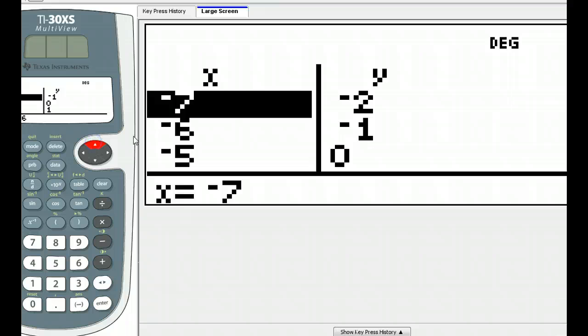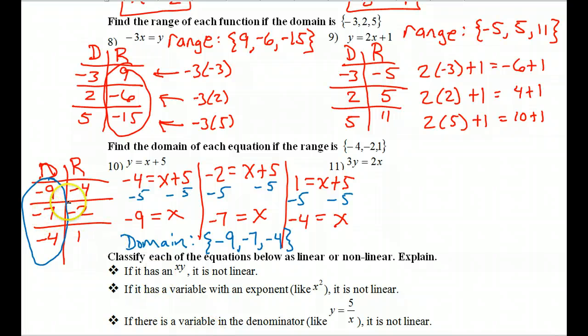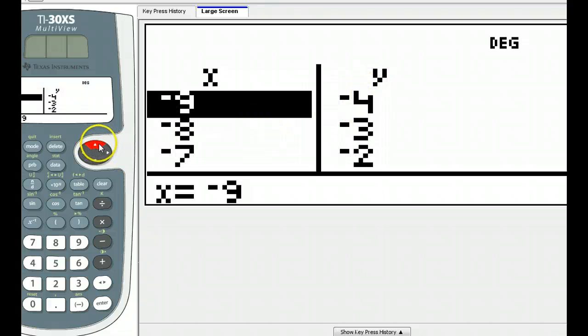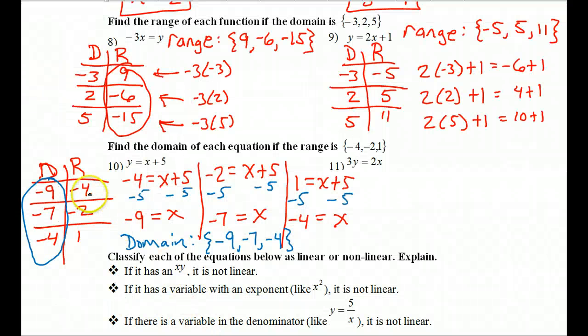Just scroll, see, there's -2. Boom, -7, which is exactly what we have. And then -4. We could just scroll to a range value of -4, and oh look, -9. And that's what we had. So if you have y by itself, you can use a calculator to find the values. Keep that in mind.